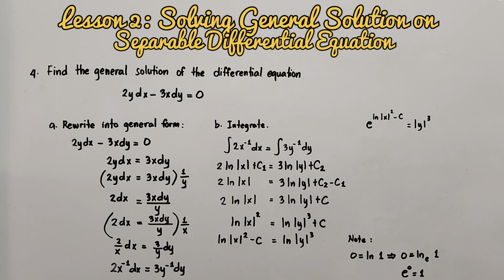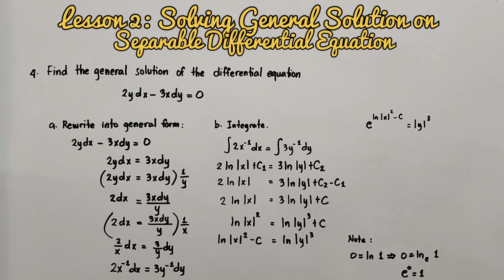This 0 equals ln 1 base e, when written into an exponential form, is e power 0 equals 1. On the given, ln absolute value of x squared minus c equals ln absolute value of y cubed, we will let 0 the whole expression on the left side of our equation.